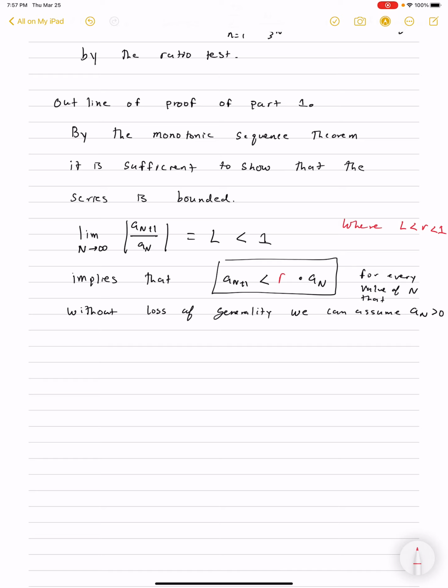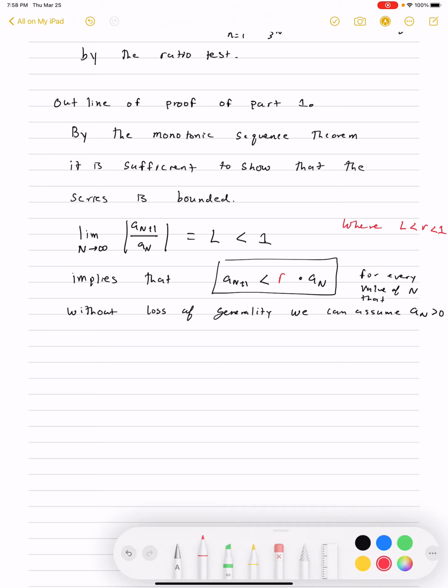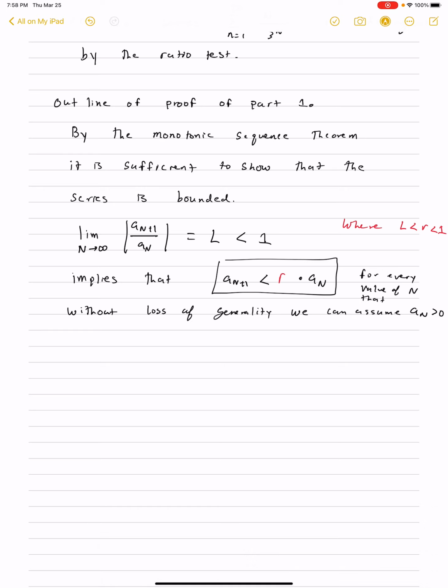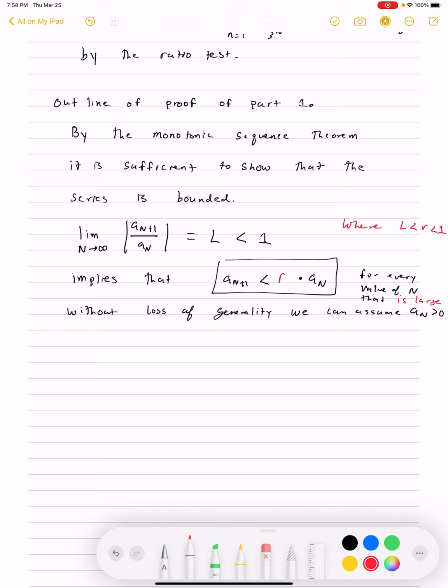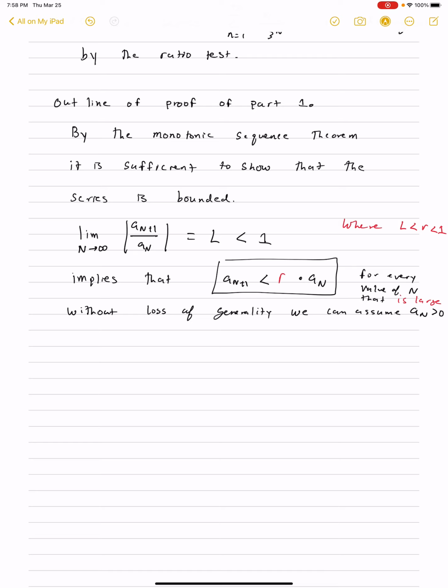So as n gets bigger and bigger, this ratio gets closer and closer to L. Well, I'm going to choose a value just a little bit bigger than L, but less than 1. Then when n is sufficiently large, when n is large, I get this property that a sub n plus 1 is less than R times a sub n.